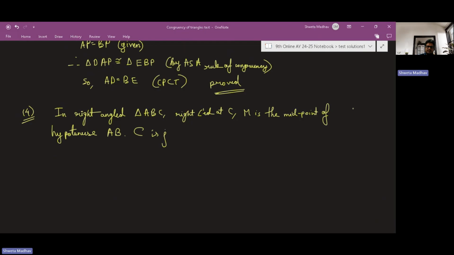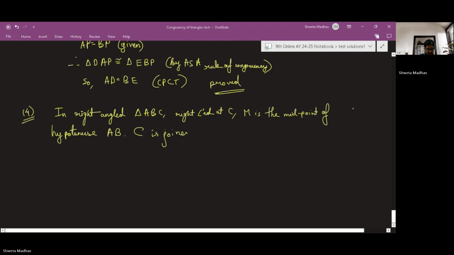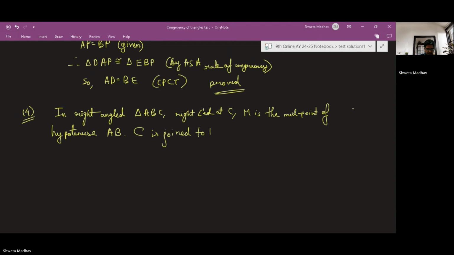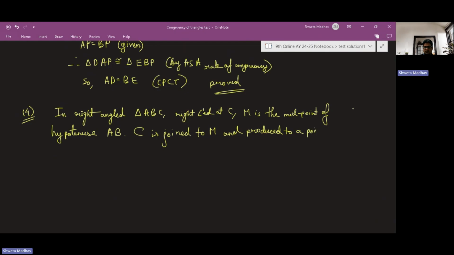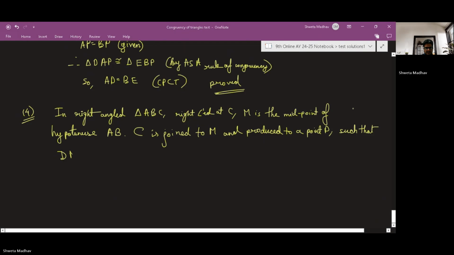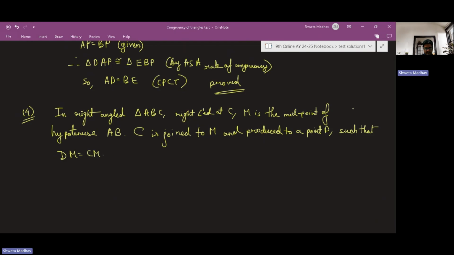C is joined to M and then produced to a point D, such that DM is equal to CM.